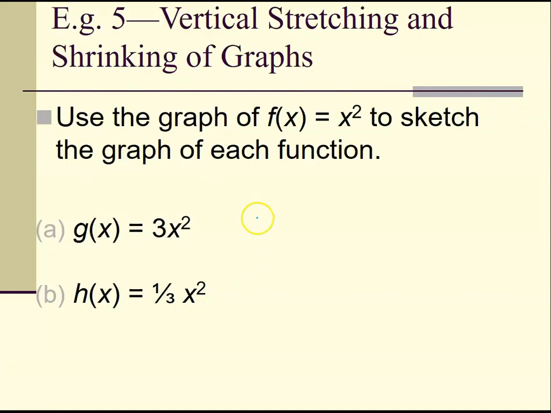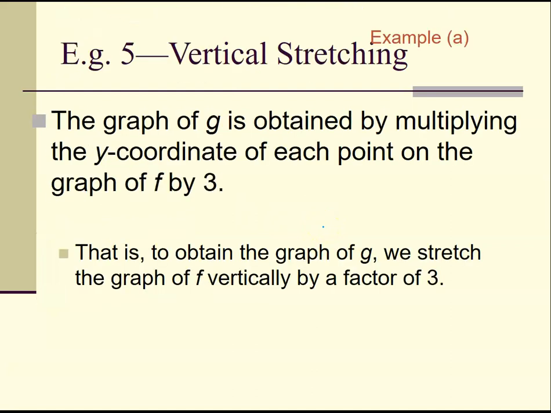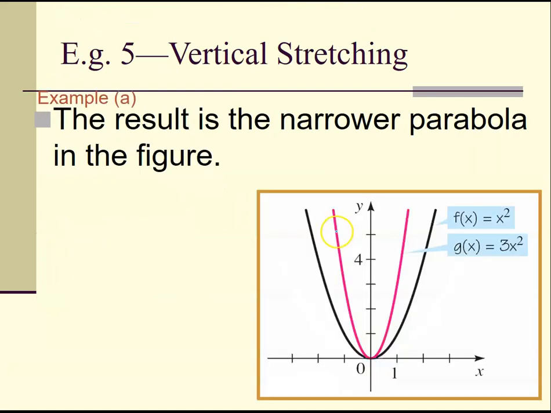For example, here we have 3x squared and then 1/3 x squared. When we graph that, the original equation is here, this one is x squared. It says c times x squared, right?